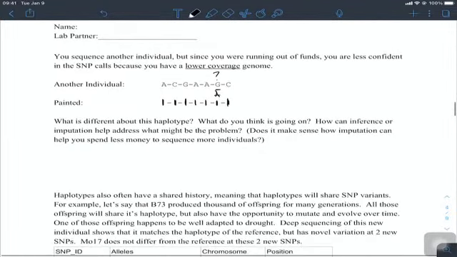The thing that's different about this haplotype is its lower coverage. We've got a non-canonical or non-traditional allele call in there, likely due to the fact that the low coverage or low confidence in our calls led us to make a bad call.